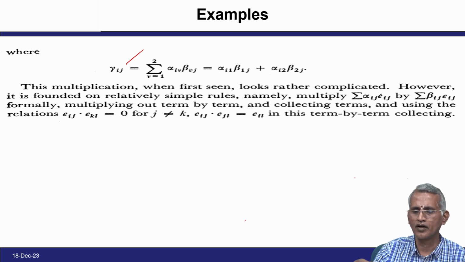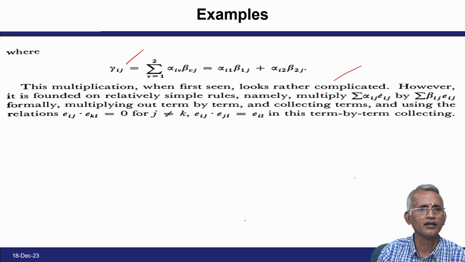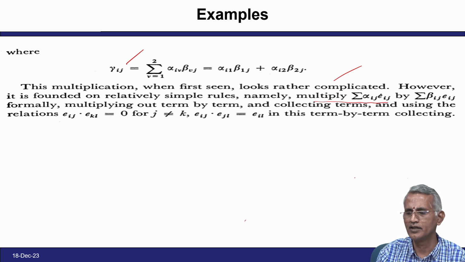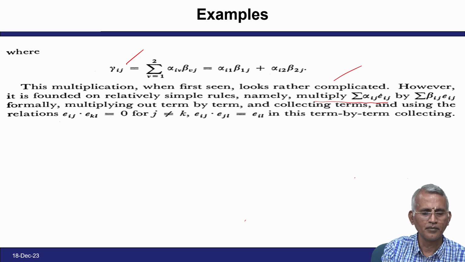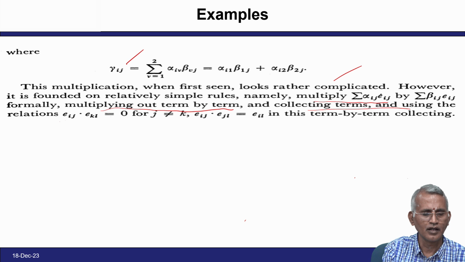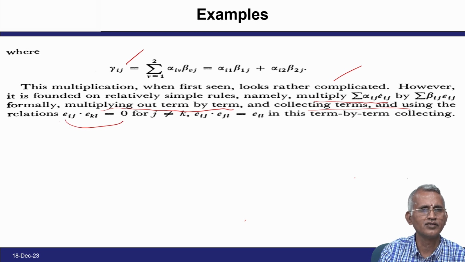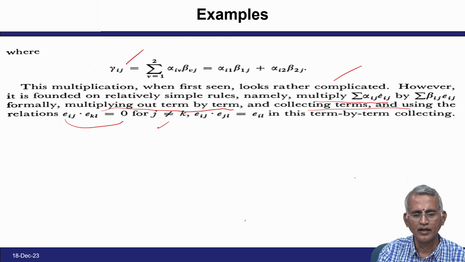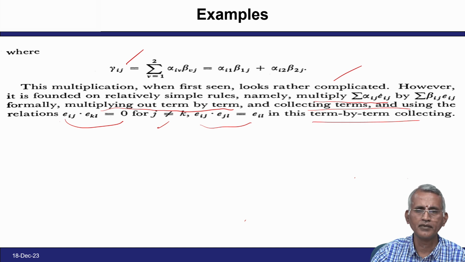This looks rather complicated, however, it is founded on relatively simple rules, namely multiplying the summation of α_ij into E_ij by the summation of β_ij into E_ij, multiplying out term by term and collecting the terms, and using the condition E_ij into E_kl equal to 0 where j is not equal to k, and E_ij into E_jl equal to E_il.